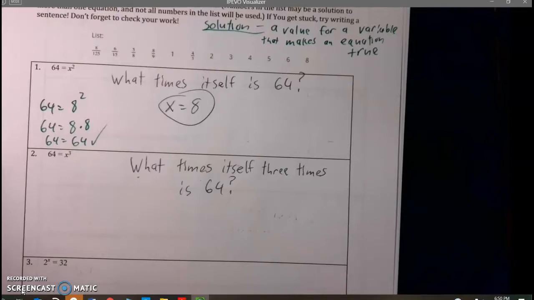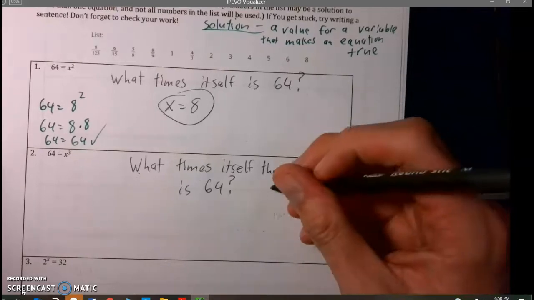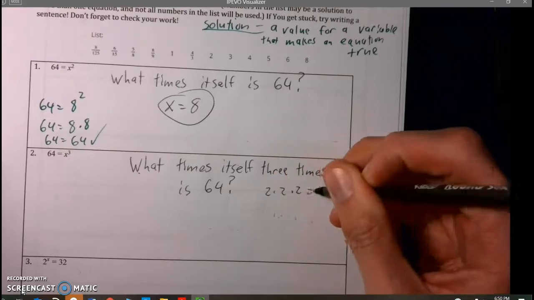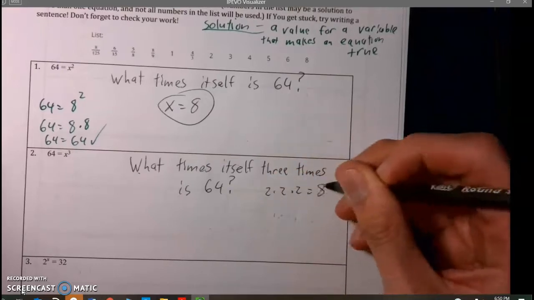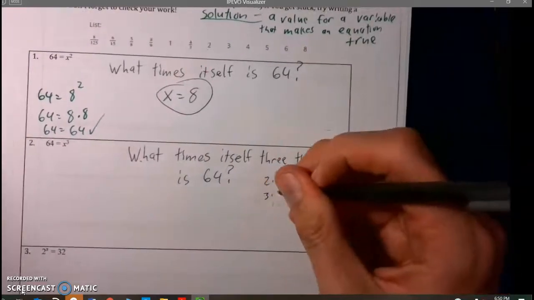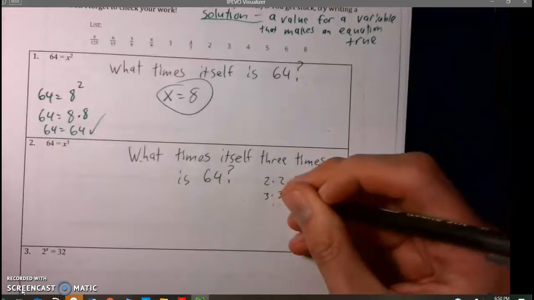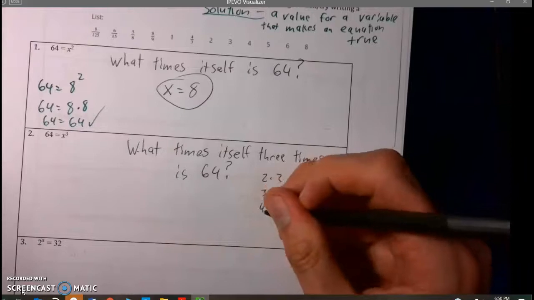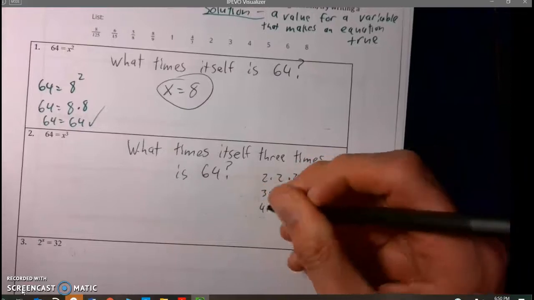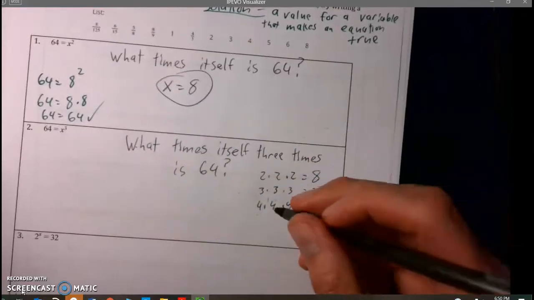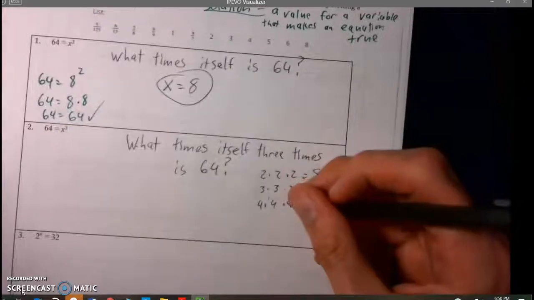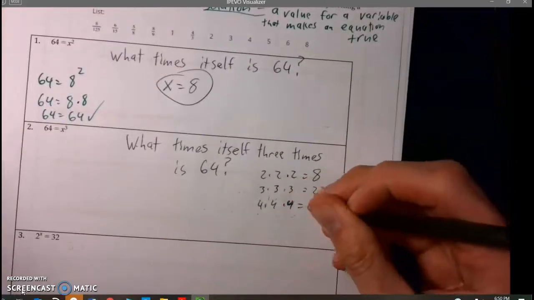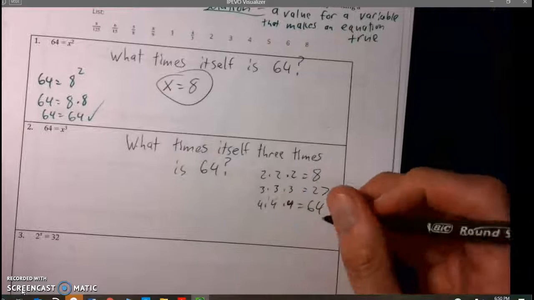So let's start with 2, okay? 2 times 2 times 2, 2 times 2 is 4, times 2 is 8. Definitely got to be bigger than that. 3 times 3 is 9, times 3 is 27. And 4 times 4 times 4, 4 times 4 is 16. 16 times 4 is 64.